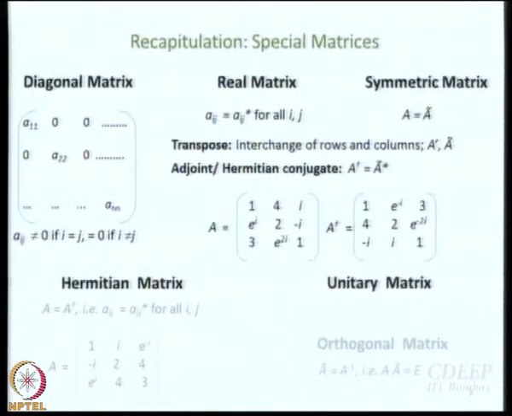So real matrix, the more formal definition is Aij equal to Aij star for all values of i and j, right? And then we talked about transpose and adjoint or Hermitian conjugate. Transpose is very easy, just interchange the rows and columns, right? So essentially you give a 180-degree twist with respect to the diagonal.